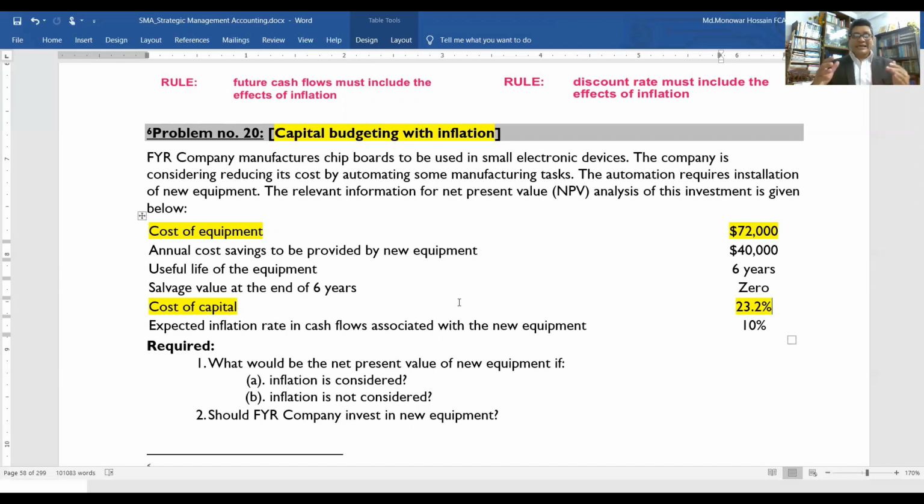The requirement is: what would be the net present value of the new equipment if inflation is considered and if inflation is not considered? And should the company invest in the new equipment? It is a question for you, or a question for me.